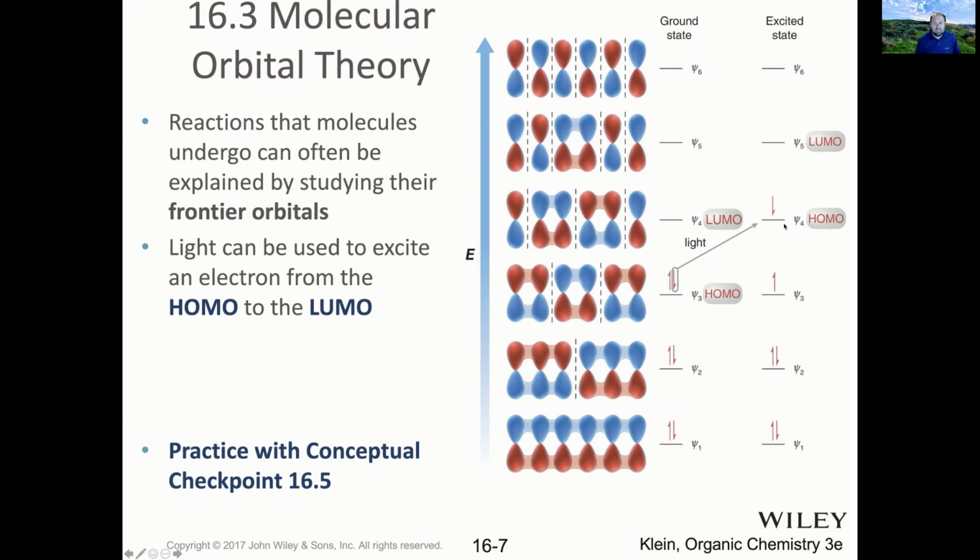And what that does is it redefines the system in that excited state, so that orbital, which now contains an electron where it didn't before, is now the highest energy occupied molecular orbital. And so we're going to find that the HOMO and LUMO interaction is involved in some of these reactions. And so you need to know what conditions you're at and what the electronic configuration is in those cases.